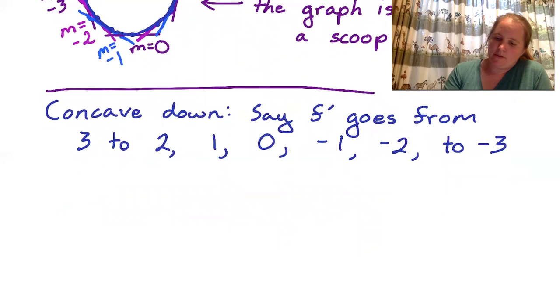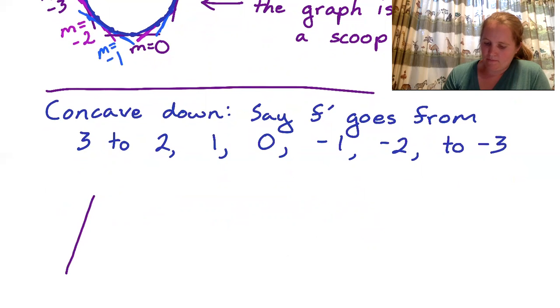So we're starting off with that positive slope of 3. And then switching to a slope of 2.